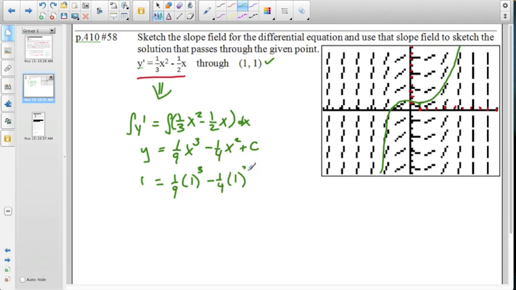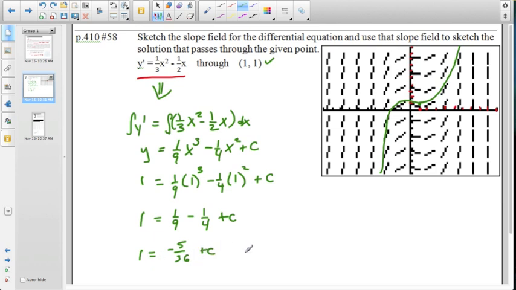So we put in the point (1, 1), and we can evaluate for c here. We have 1 equals 1/9 minus 1/4 plus c. Evaluating for c, 1/9 is 4/36 minus 9/36, so that's -5/36.